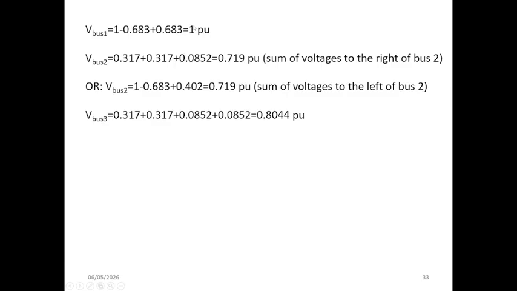This shows that after the reflections return to bus 1, the negative and positive reflected components cancel each other, resulting in the bus voltage returning to its original value of 1 per unit. These two values actually cancel each other, and we will have 1 per unit at the end.